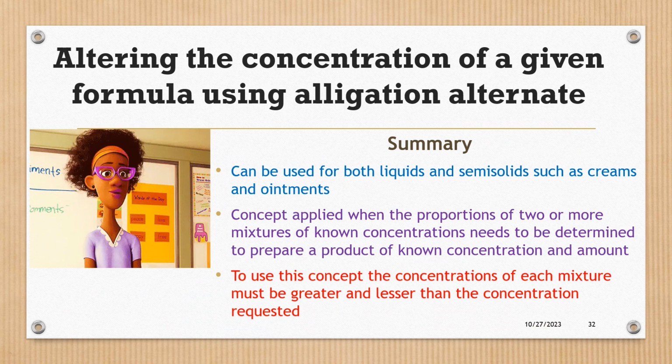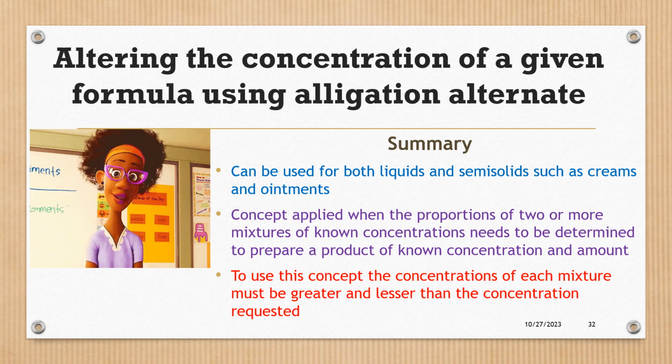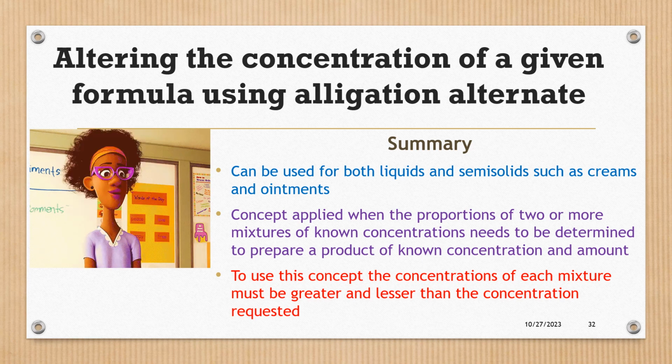And so with alligation alternate, we just need to be aware that you can use it for both liquids and semi-solids, such as your creams, ointments, and gels. In terms of applying the concept, you must know the concentration of the ingredients that you are mixing, and you must know the concentration of the product that you want after mixing those ingredients.